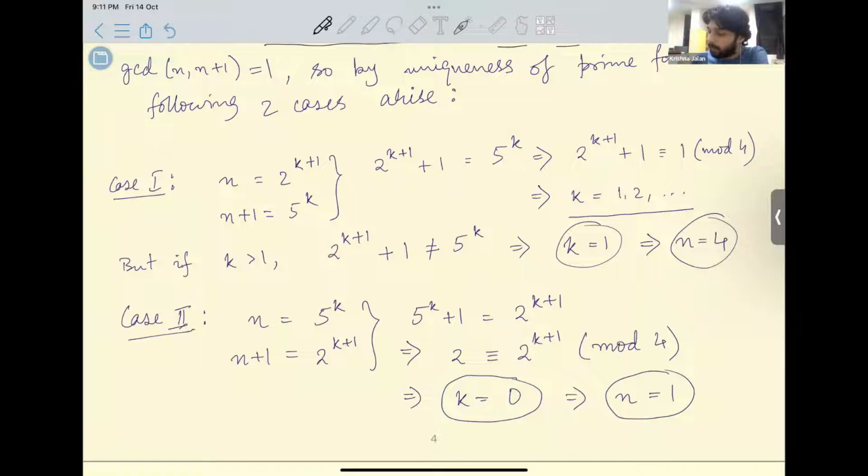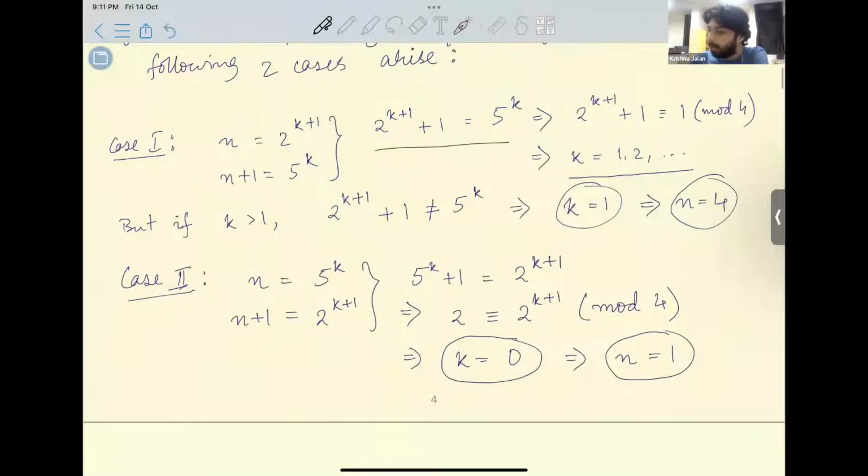In the first case, I have this identity, and when I take mod 4, on the right-hand side I'll end up with 1. 5 is congruent to 1 mod 4, so any power of 5 will also be congruent to 1 mod 4. Any power of 2 greater than 2 is congruent to 0 mod 4.